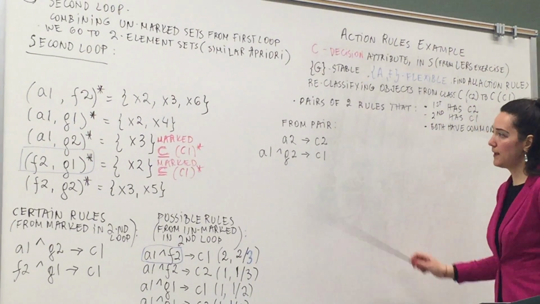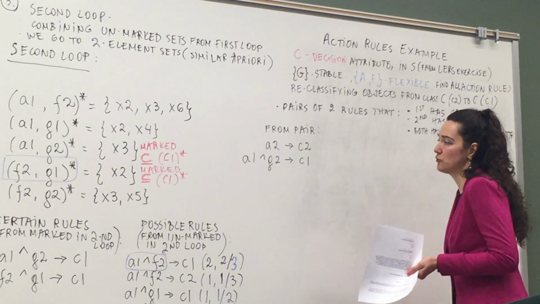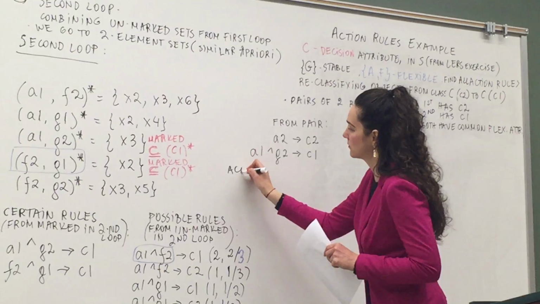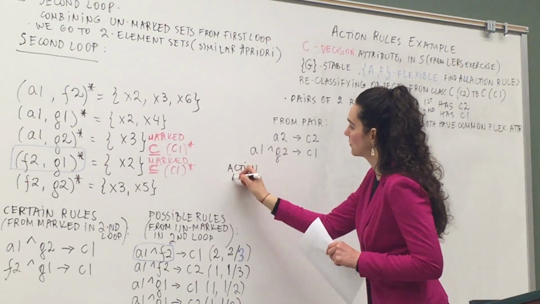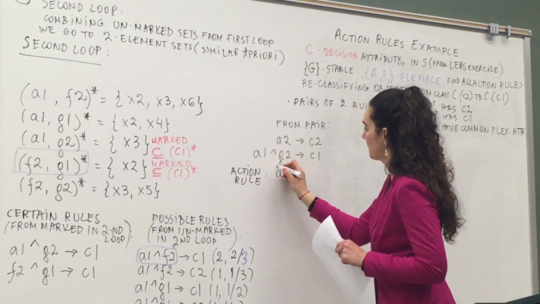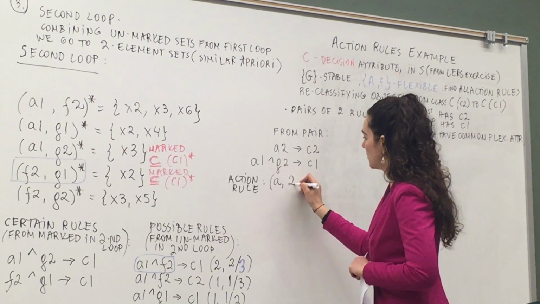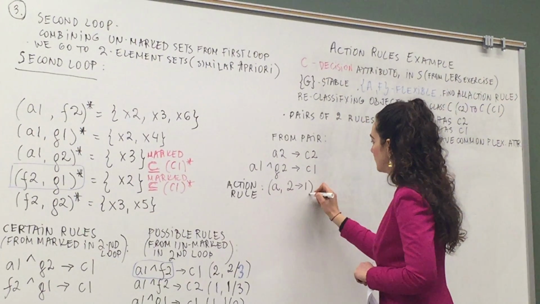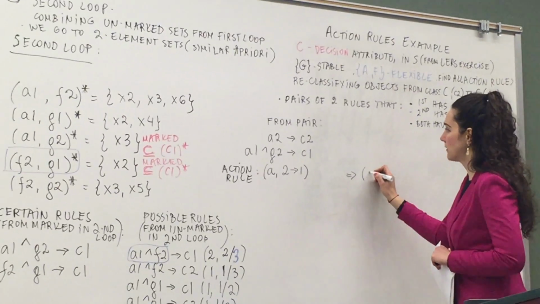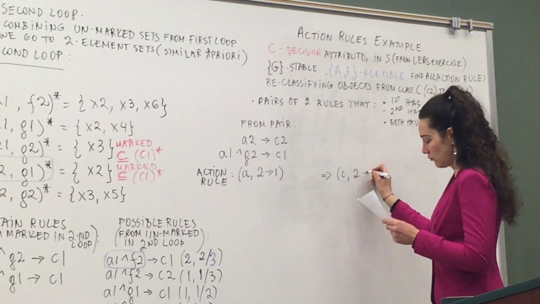Now, A has to change from 2 to 1 in order to have C change from 2 to 1. This is our action rule. A changing from 2 to 1 will imply that the class will change from 2 to 1.